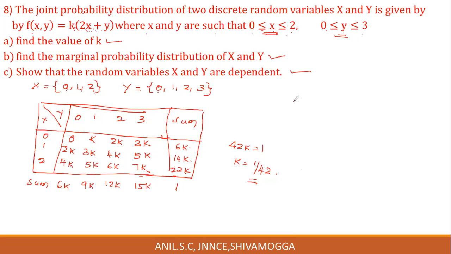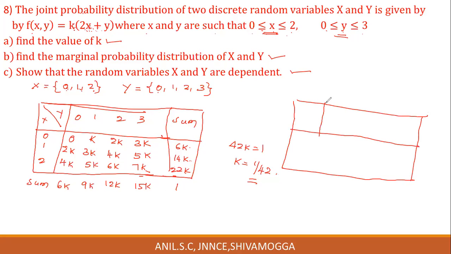Therefore, the distribution table is now like this: x, y, 0, 1, 2, 3, 0, 1, 2. For x equal to 0: k is 1 by 42, 2k is 2 by 42, 3k is 3 by 42.